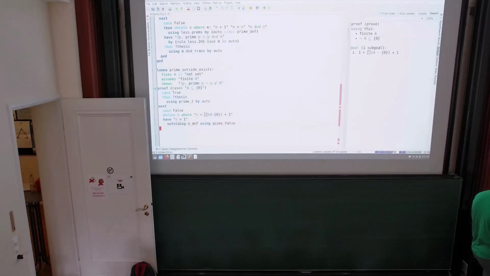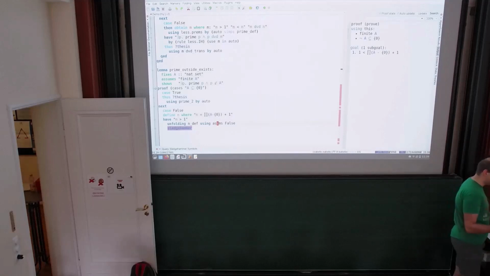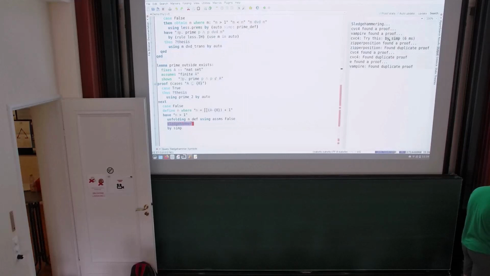Let's see. So now I don't really know how to do this, so let's just ask Sledgehammer, because I'm too lazy to do this myself. What Sledgehammer does is it translates your problem into some language that certain automated theorem provers can understand and feeds it to them. And in this case it's quite easy. Where does ndef come from?